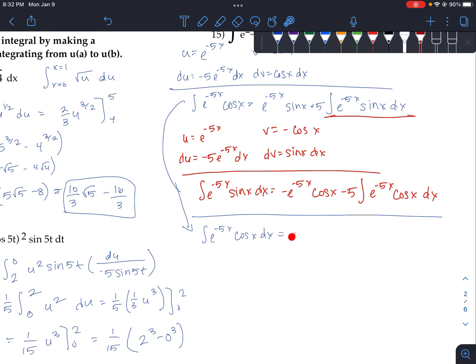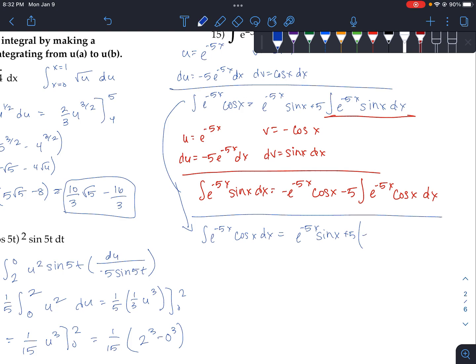So we start with e to the negative 5x sine of x, plus 5. Now here we had this, which we found to be this portion right here. So I'm going to substitute all of this in for what I have underlined in red here.